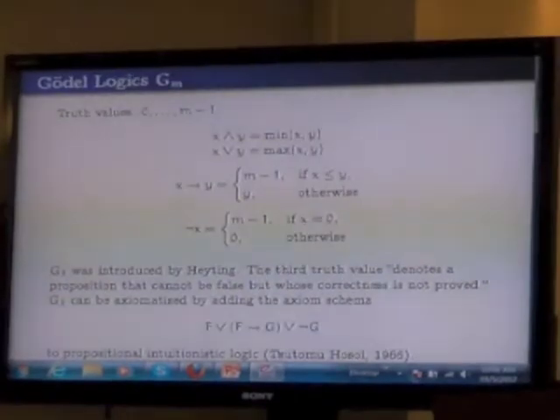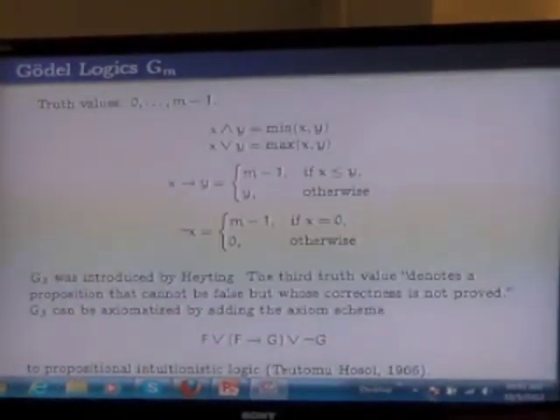It's either 0 or m minus 1. The negation of a truth value can never give you anything in between. So for this reason, it is different. This is, I think, the main difference between Gödel logics and the many-valued logics of Łukasiewicz.